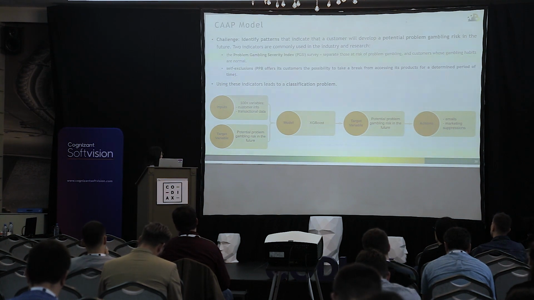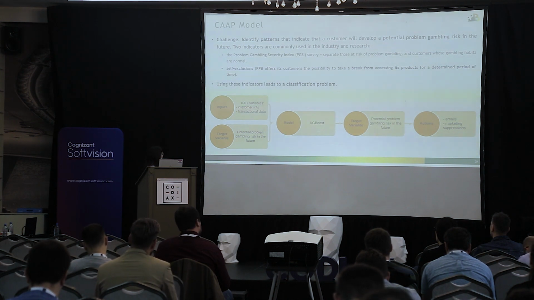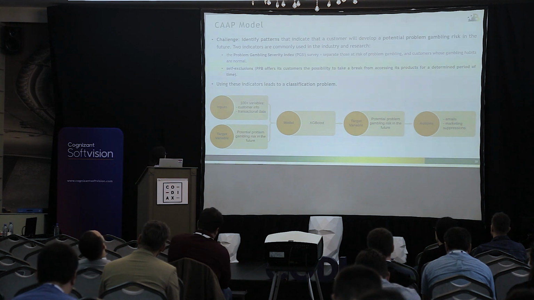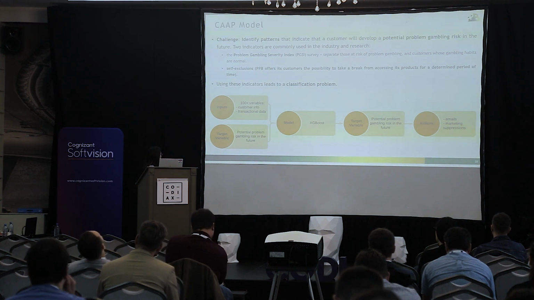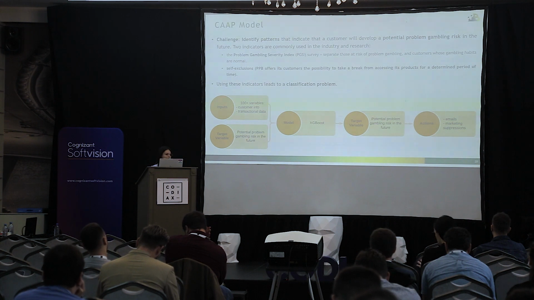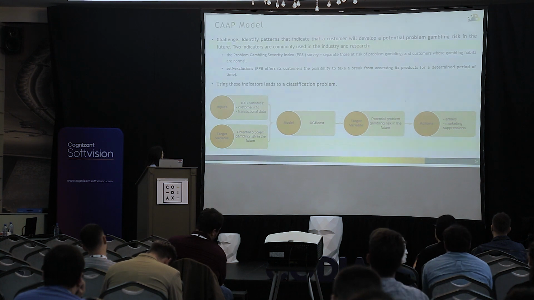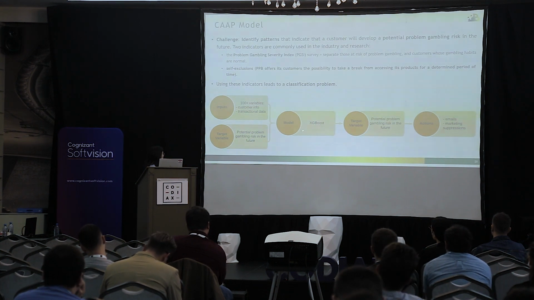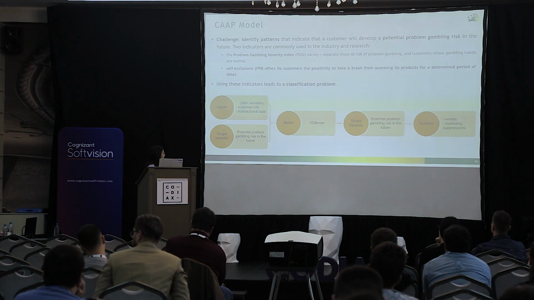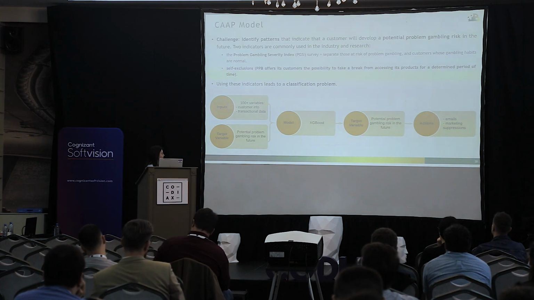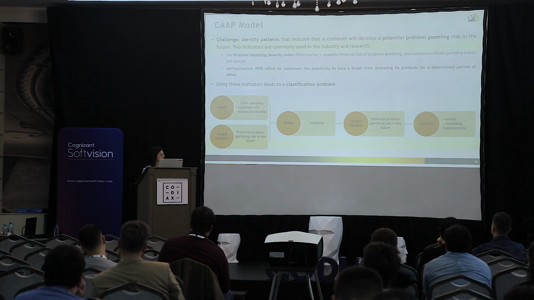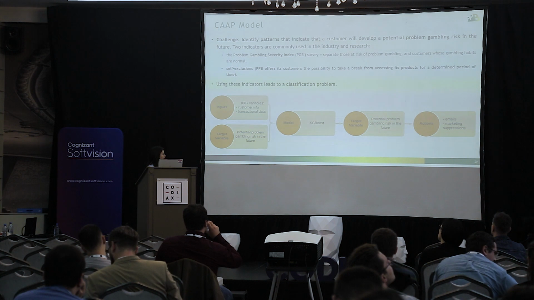For our machine learning model, we have more than 100 variables in terms of customer info and transactional data, and our target variable is the probability that a customer would develop gambling issues in the future. Combining these two moves us along to the right, where we have our model, and our key output is the probability assigned to each of our customers in terms of whether they would develop a gambling issue in the future.